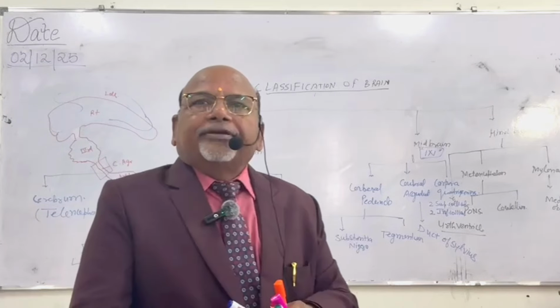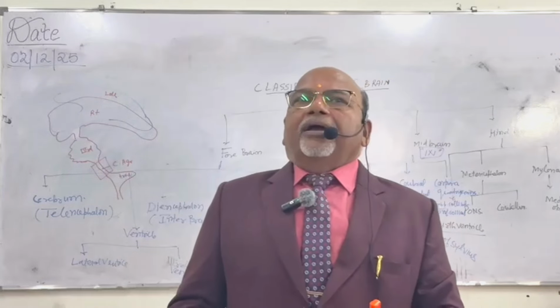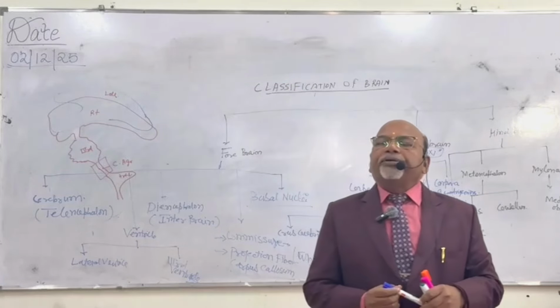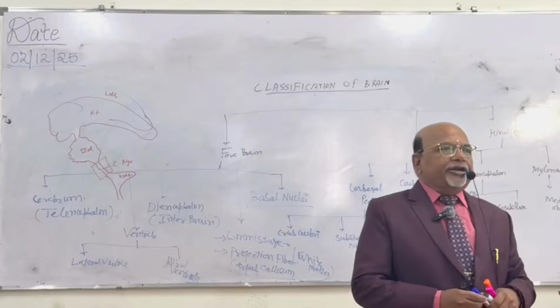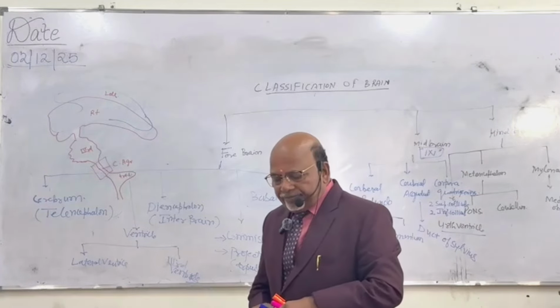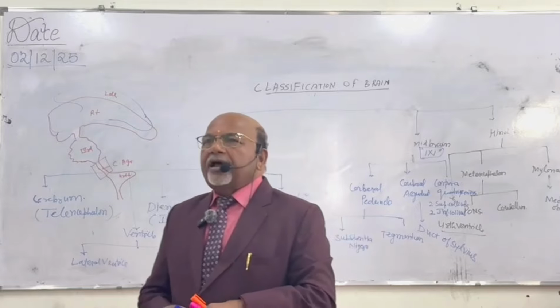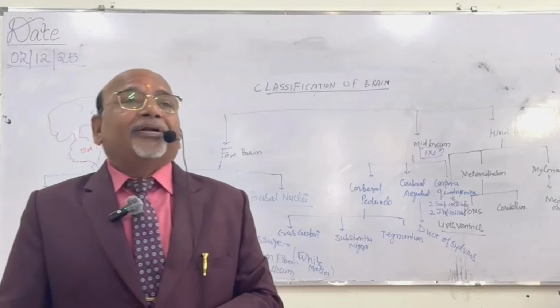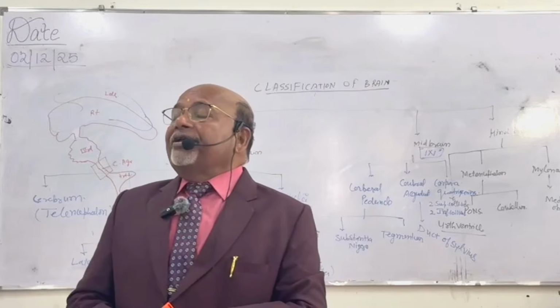These basal nuclei are situated in the forebrain and in the deep side of the telencephalon, and these basal nuclei have a very important role in control and integration.